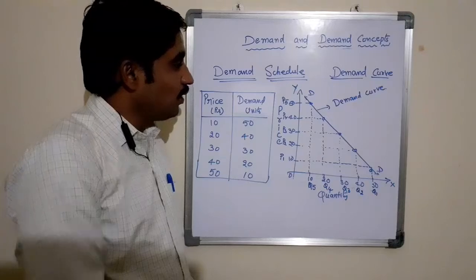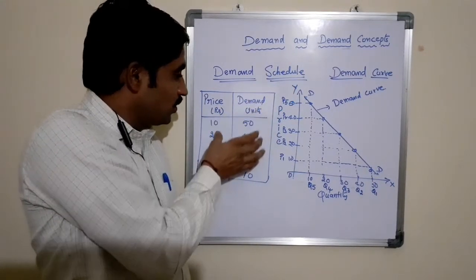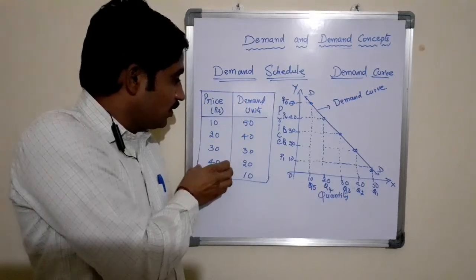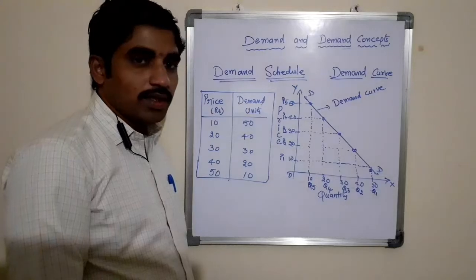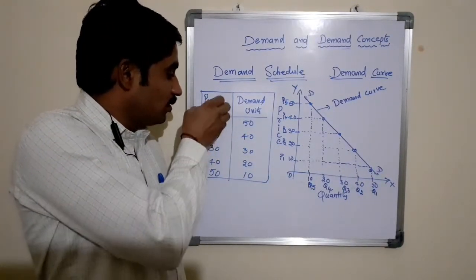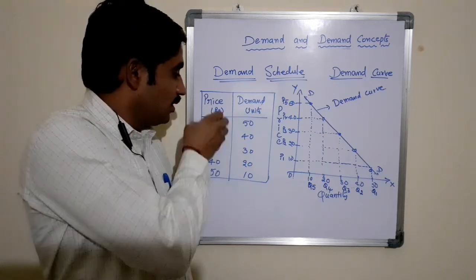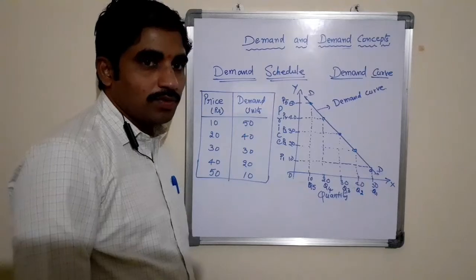What is demand schedule? Demand schedule is the tabular format which shows the prices of the product and the corresponding quantity demanded of a commodity. How the price is changing at different levels, and the corresponding changes in quantity demanded of the product.